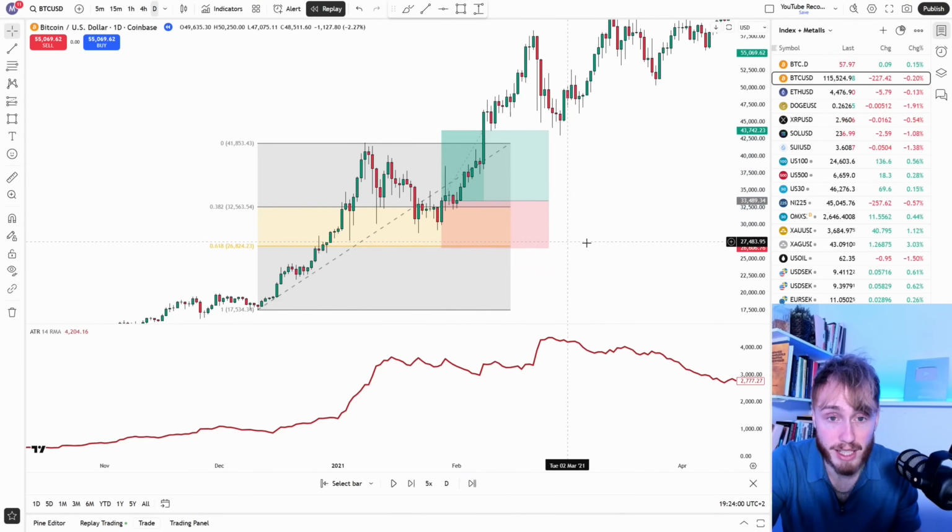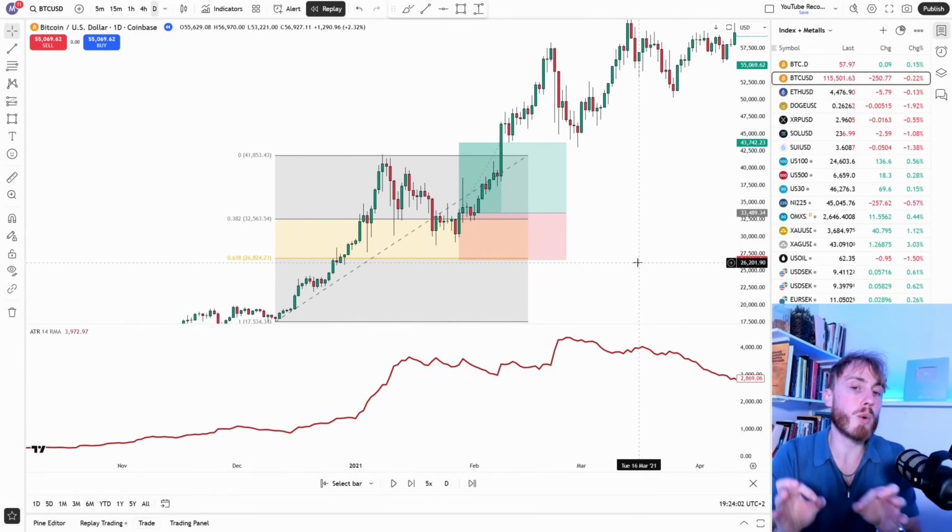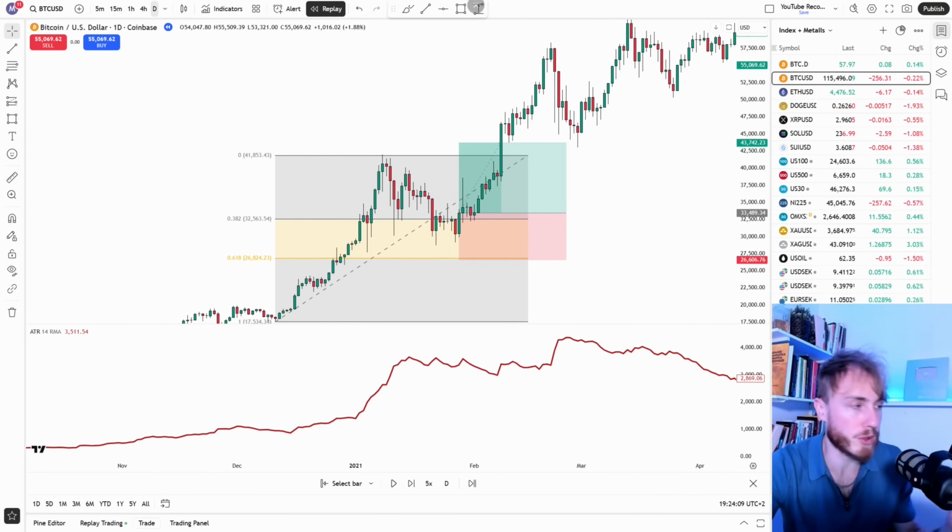So we have 6,800. And as for our profit target, we can also use an ATR multiple. When we use a stop loss multiple of 2x, a common profit target multiple is 4x.